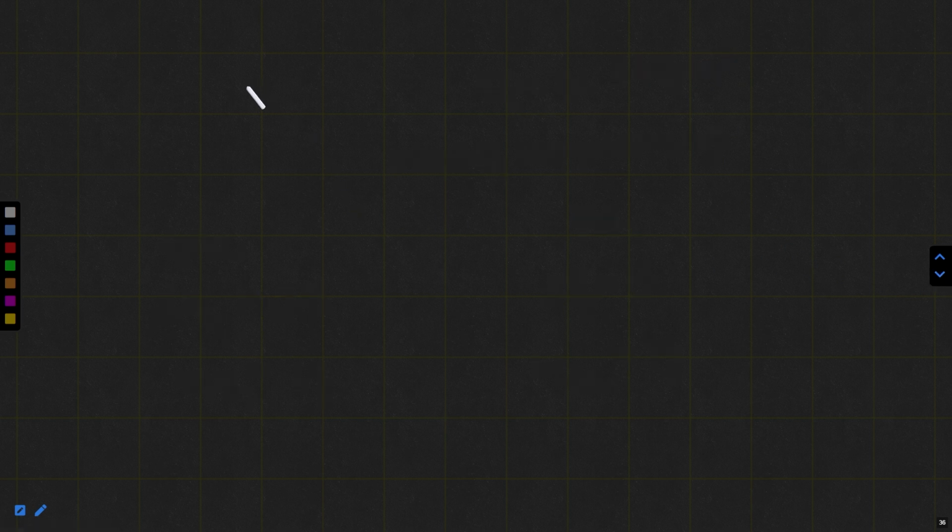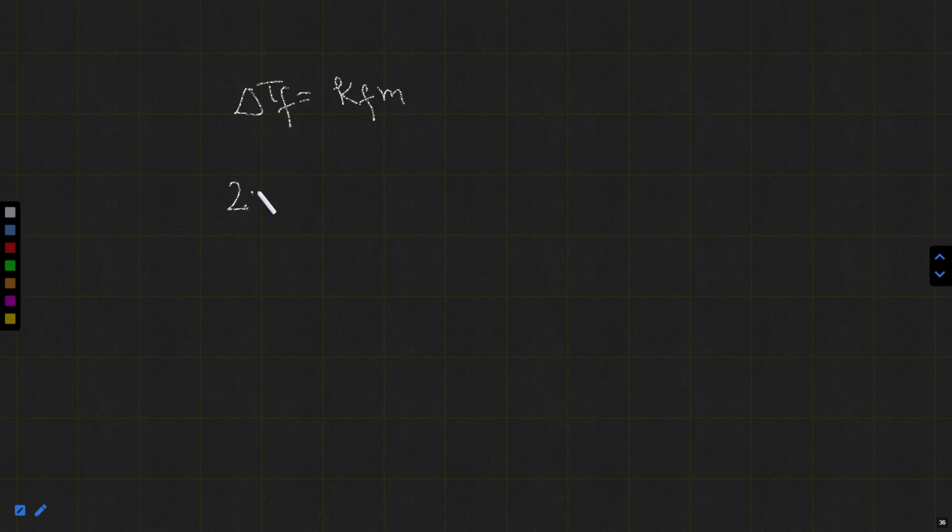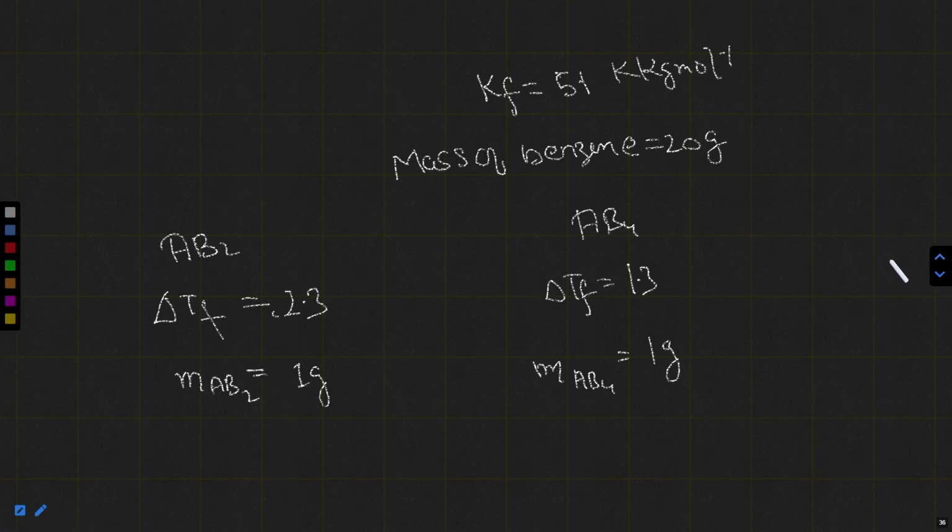Now if I calculate it for AB2, delta Tf, we know the formula, equals Kf m, where delta Tf is the depression in freezing point, Kf is the molar depression constant and m is our molality. So what about delta Tf? For AB2 it is 2.3, and Kf is common. What was the value of Kf?